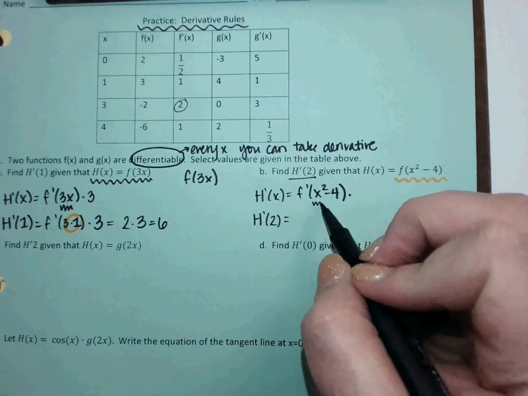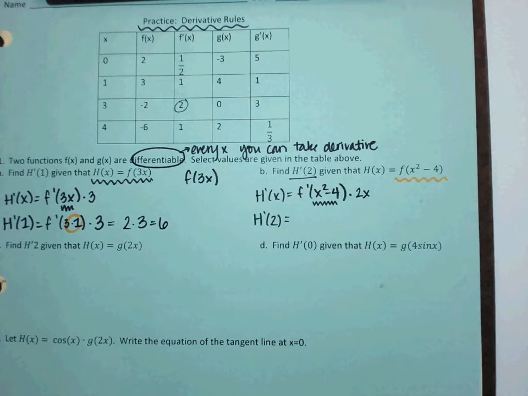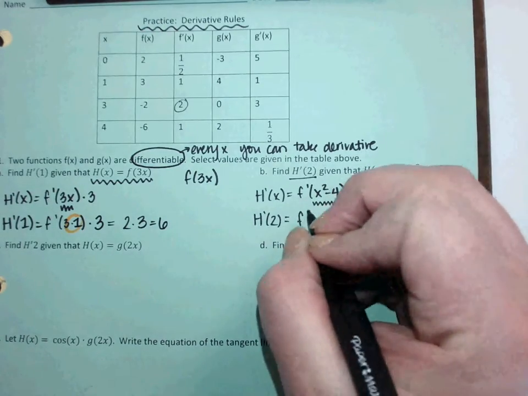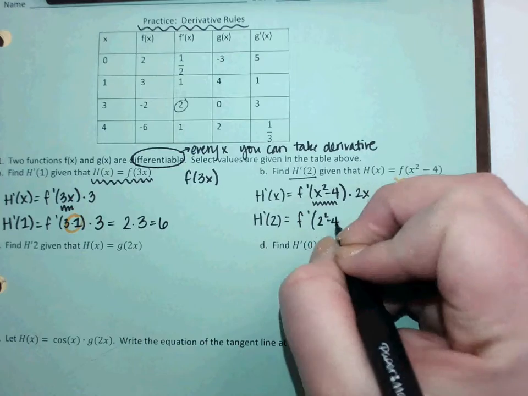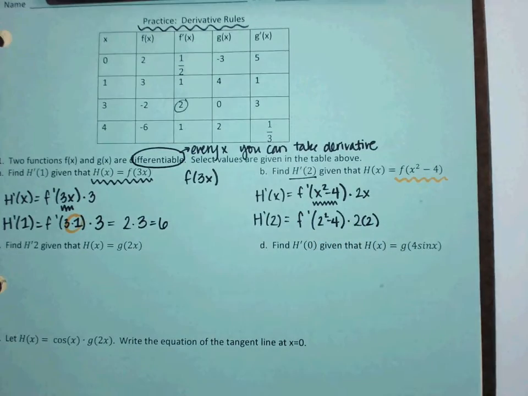What's the derivative of the core? 2x. Now, some of you on the quiz I surprised you with on Friday forgot that when you plug x in, you need to plug 2 into both of those x's. So I'm going to have f prime of 2 squared minus 4, and then 2 times 2. You need to plug that value in for every x that you see.